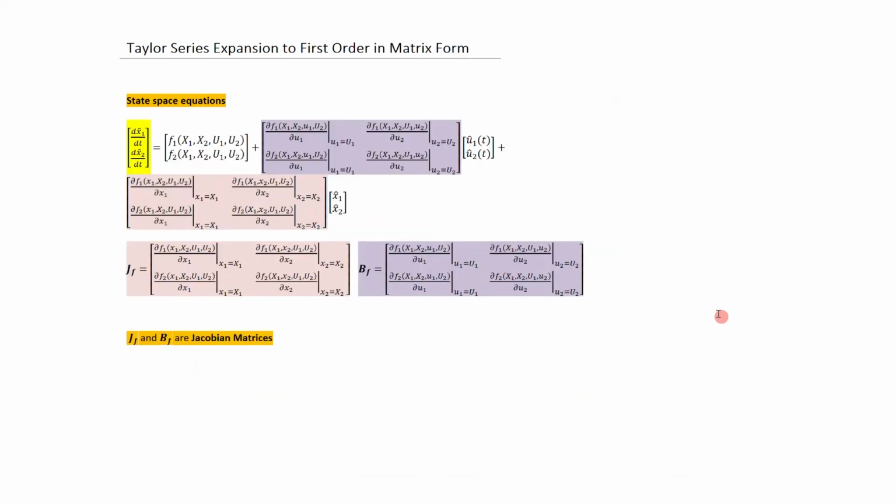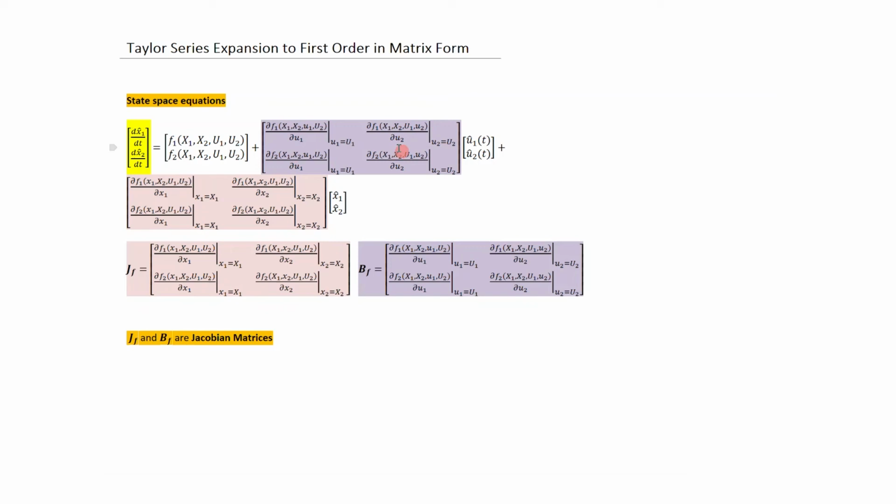All right, so because these equations are differential equations, but they're linear in the perturbed signals, linear in u1 hat, u2 hat, x1 hat, x2 hat, we can write these out in matrix form again. If we simplify things, we end up with dx1 hat/dt, dx2 hat/dt in column form. This is a column vector involving this equilibrium point. This is the partial derivatives with respect to u1 and u2.